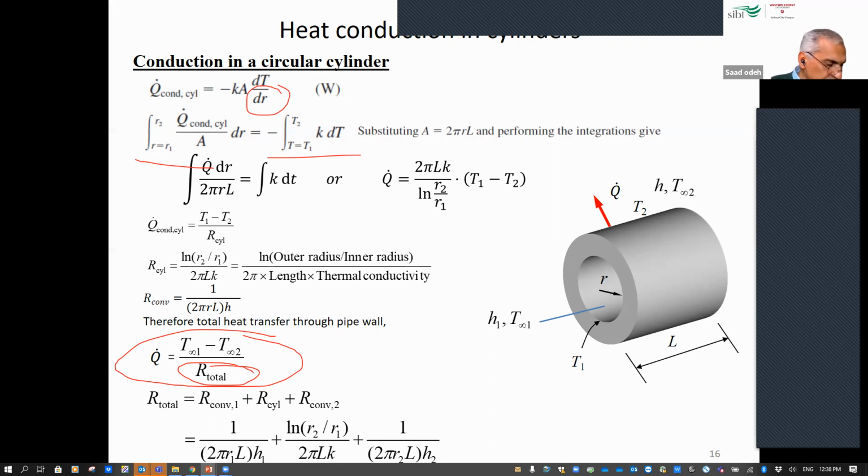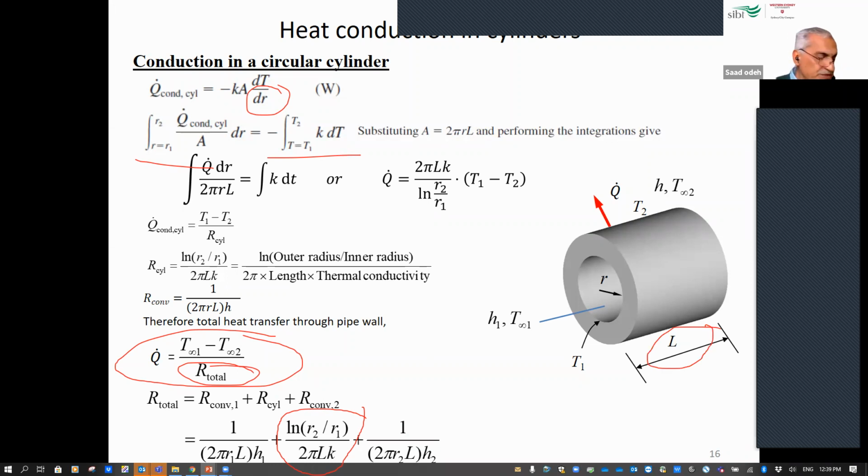So in circle design, we know from integration that the R of conduction should be ln(R2/R1) divided by 2 pi Lk. L is the length of the tube, and k is thermal conductivity.